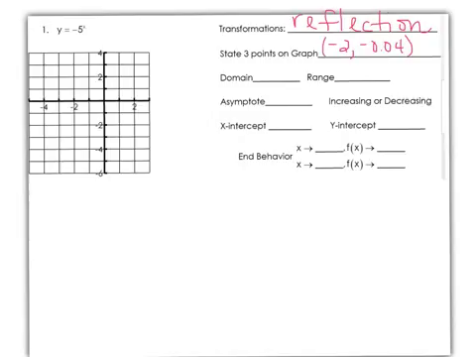And I'm just going to write the other 2 below. We have -1 and -0.2. We have 0 and -1. And I'm going to do a couple of more. We have 1 and -5. Now I'm going to graph those points.